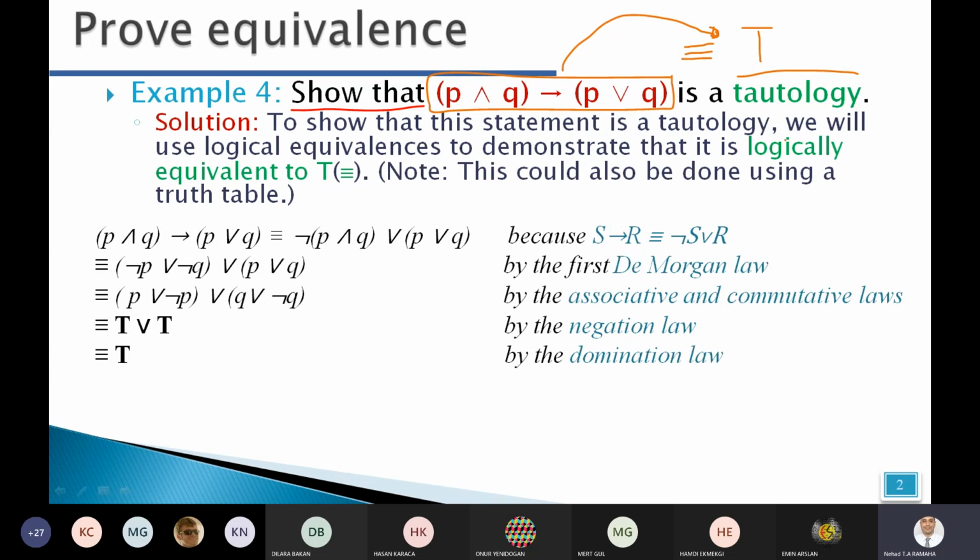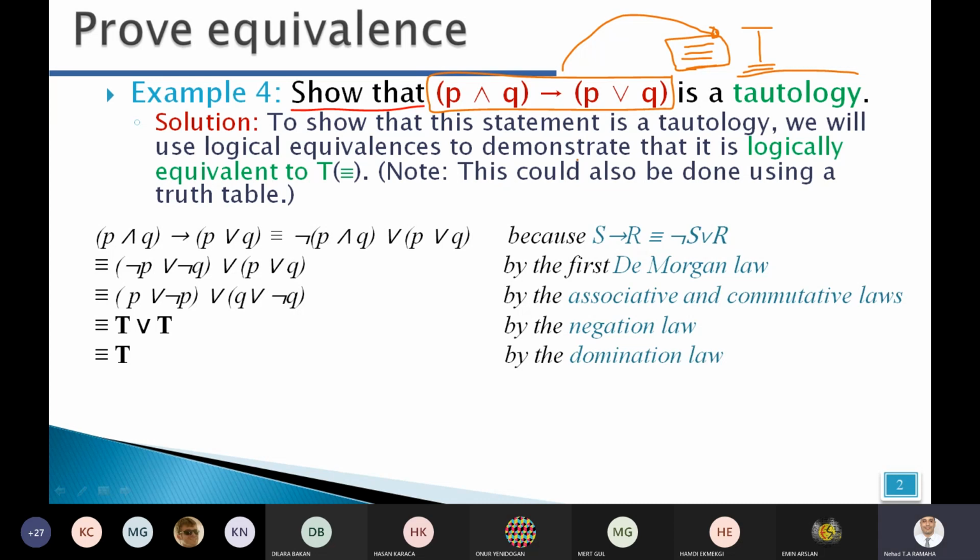So this is the meaning of prove or show that this compound proposition is a tautology. This means I need to start from it and reach true, or in other terms that it's logically equivalent to true. If it's logically equivalent to true, then I proved this. It's a tautology.